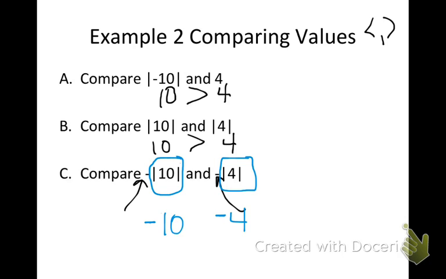Now I want to compare what's bigger, negative 10 or negative 4. And we know that negative 4 is bigger because if I draw my number line and I have 0 and I have negative 10, negative 4 is more to the right, therefore it's a larger number. So make sure you notice that the negatives are on the outside of the absolute value signs.